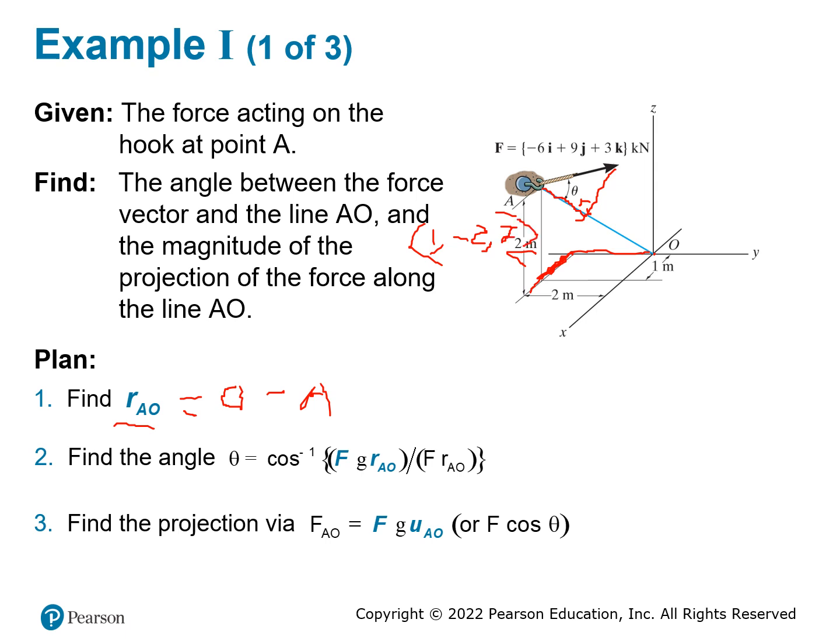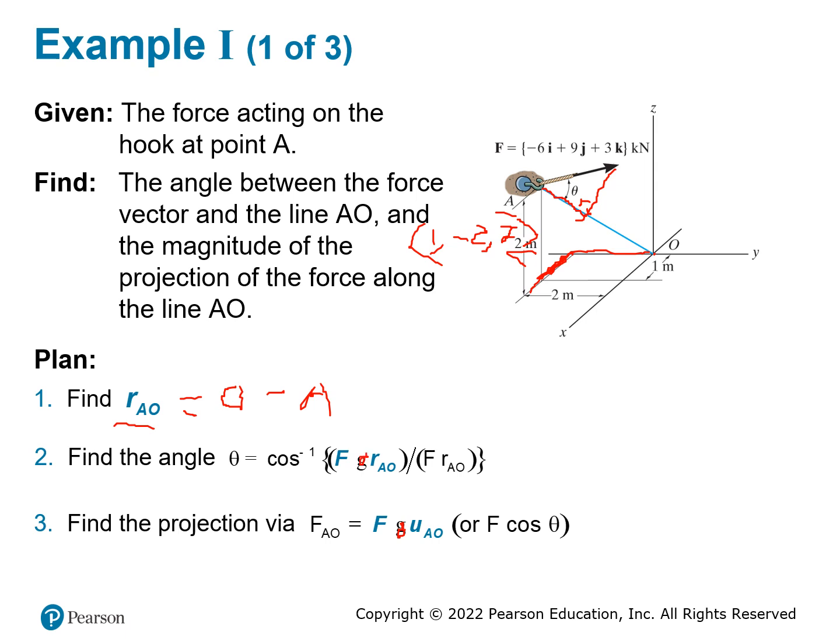Once you have this r, we can find the angle, and we can find the projection using the dot product.